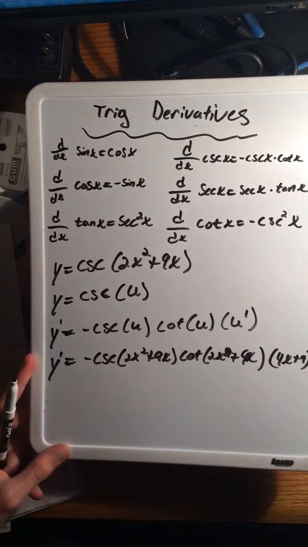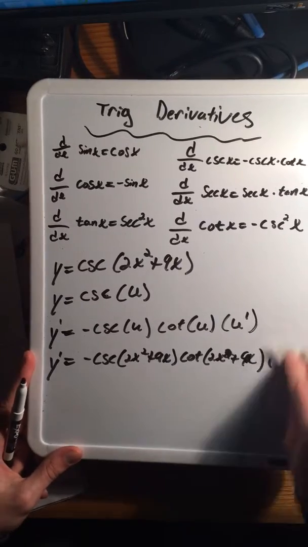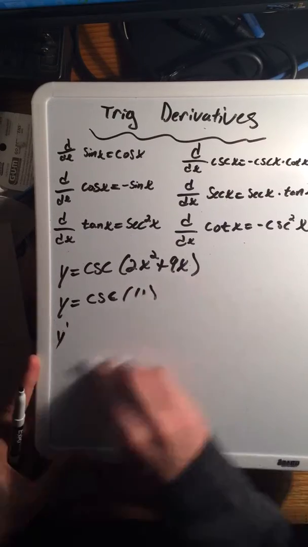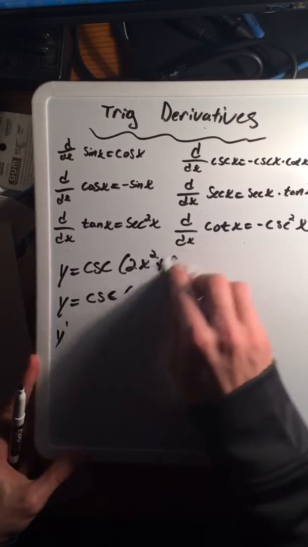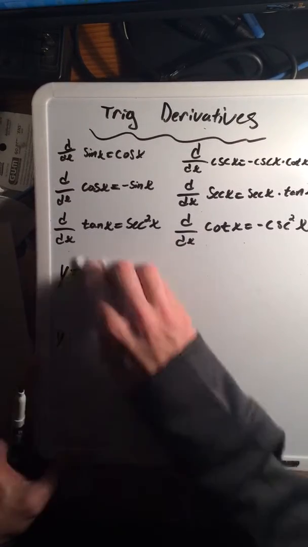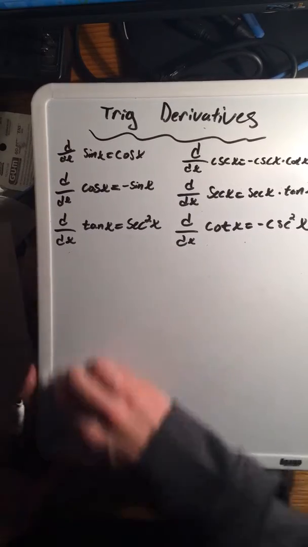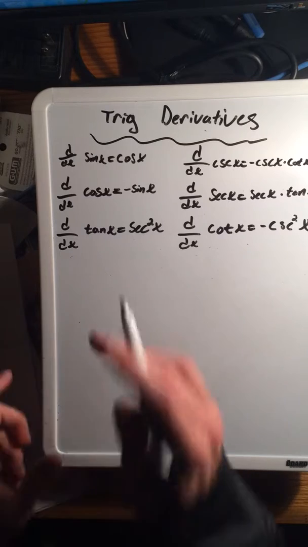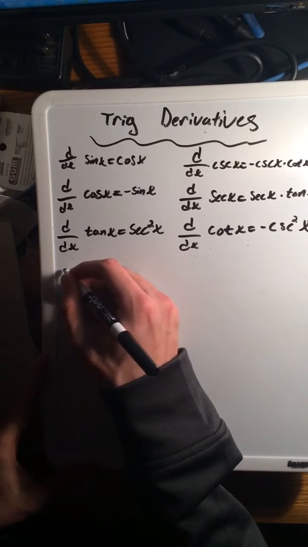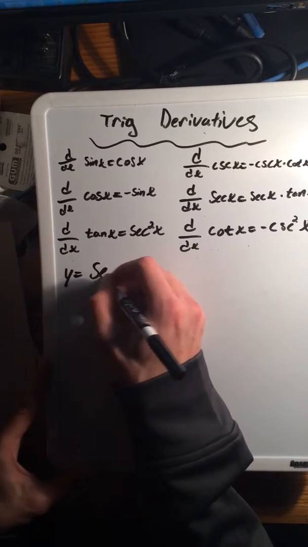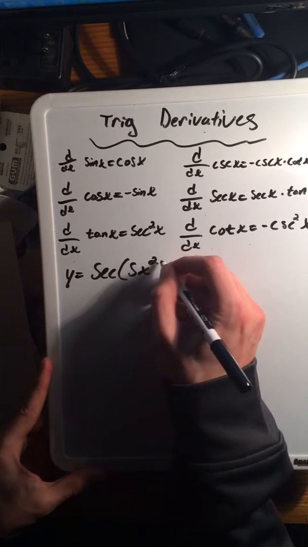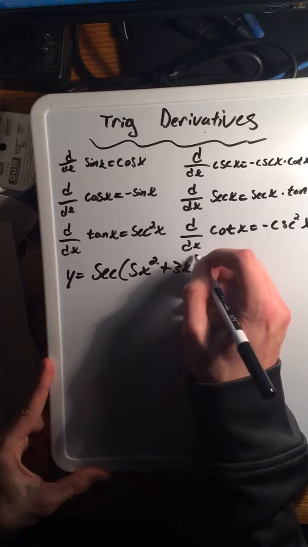Now I'm going to do one for secant. y equals secant of 5x squared plus 3x to the fourth.